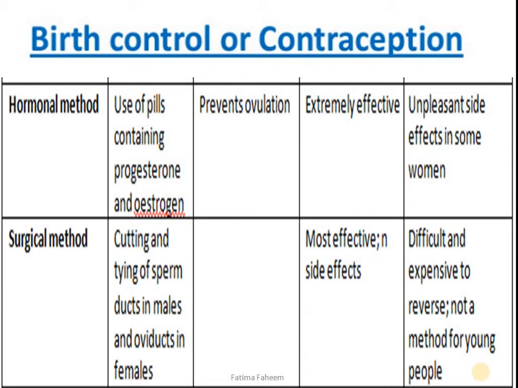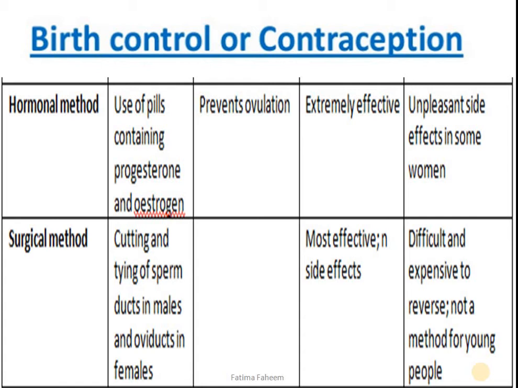Then we have surgical method, which includes the cutting or tying of the sperm ducts in males and oviducts in females. Now again, if you remember the structure of the female and male reproductive organs, we know that the egg travels from the ovary towards the oviduct. Similarly, sperm once produced travel towards the next place through sperm duct.